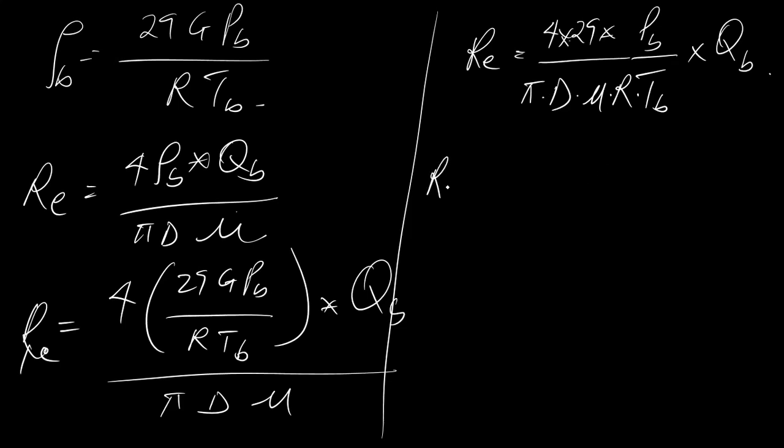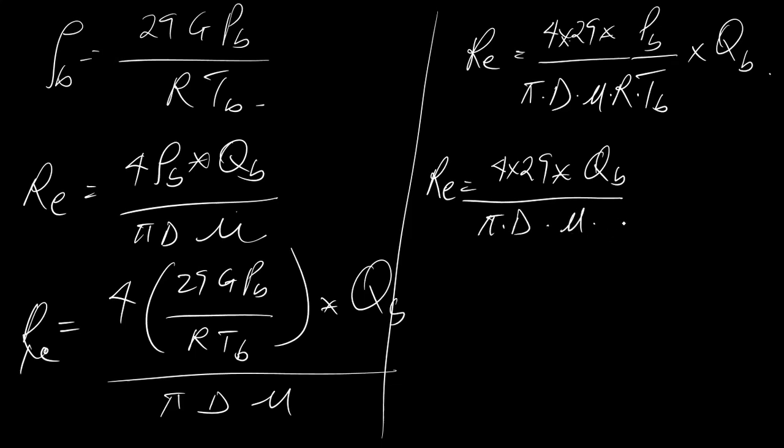So for Reynolds number, you have 4 times 29 times Q_B divided by pi times d times the viscosity of the gas, times R, all divided by this, times the gas gravity times the pressure divided by the temperature at standard condition.